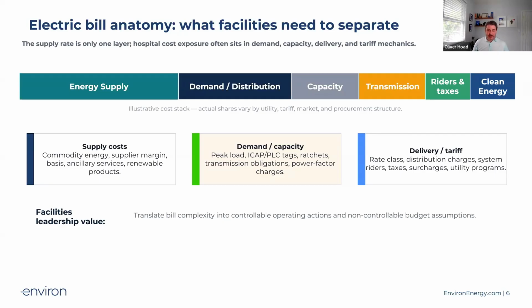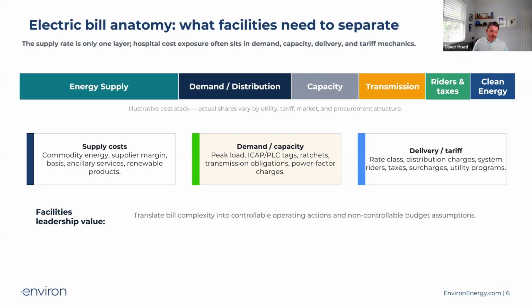Understanding that enabled the facilities team and the finance team to ask the question, how can we control these additional components, which are based more around demand instead of usage? In this case, they've now started to explore the different opportunities to reduce capacity and transmission tags through peak load shaving, energy efficiency, cogen, batteries, and really turning over every rock to achieve these cost reductions within these specific components.